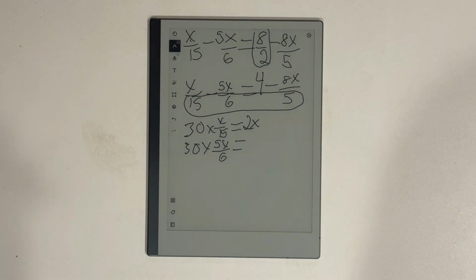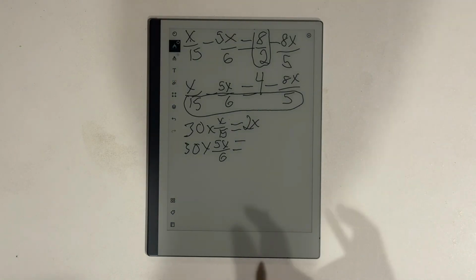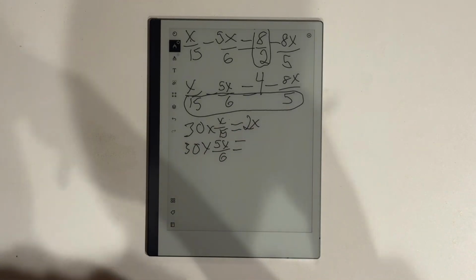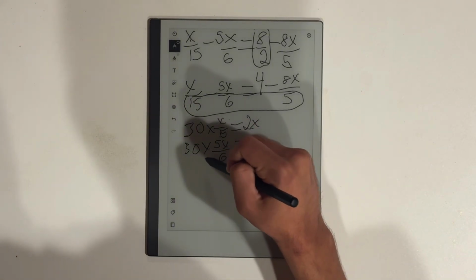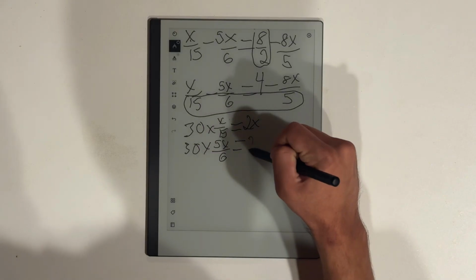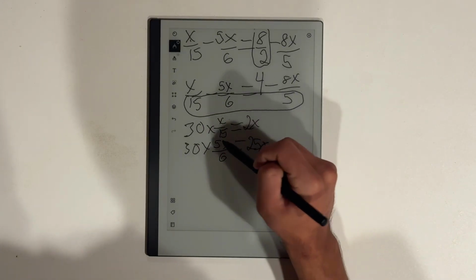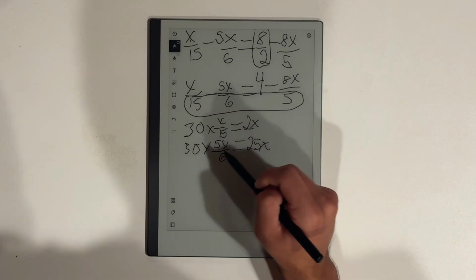So 6 goes into 30 5 times, and then 5 times 5 is 25. And we're going to keep the x, obviously.